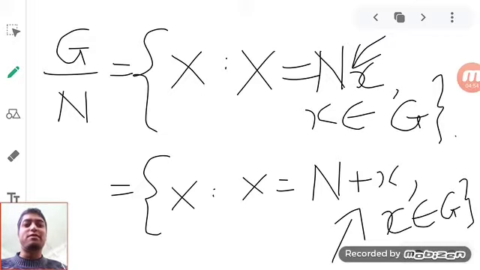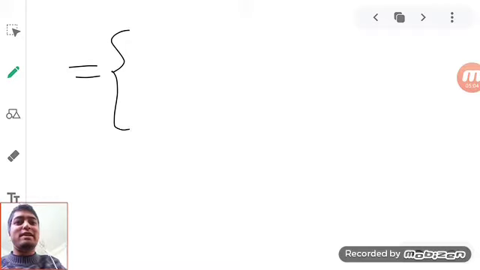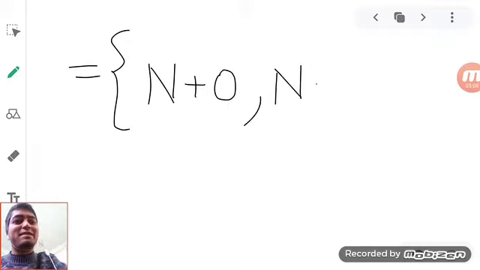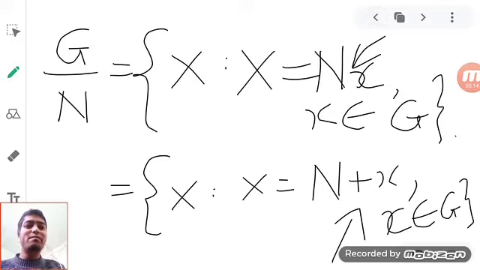So X is a coset. If you remember, how many cosets does N have? N has three cosets. The distinct cosets are N plus 0, N plus 1 and N plus 2. So again, what have we done?